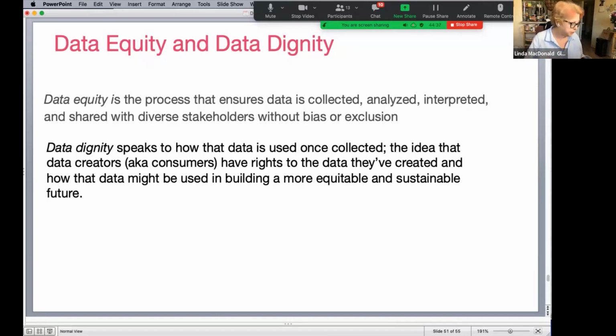So it's, for example, data brokers. I don't know how many of you are aware of the policy surrounding data brokers, but there's only about 6 or 7 of them in the United States.